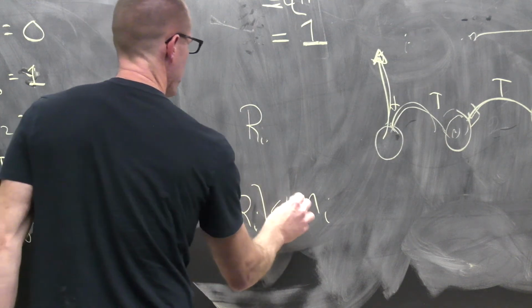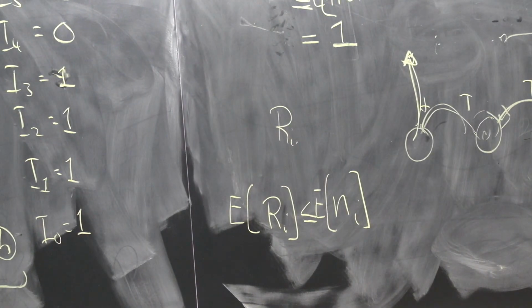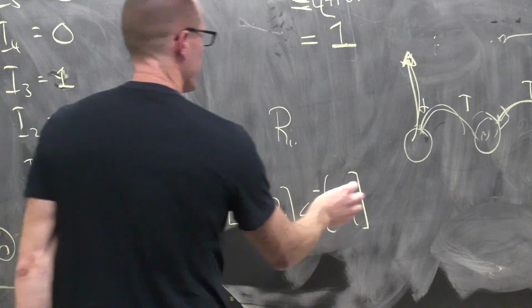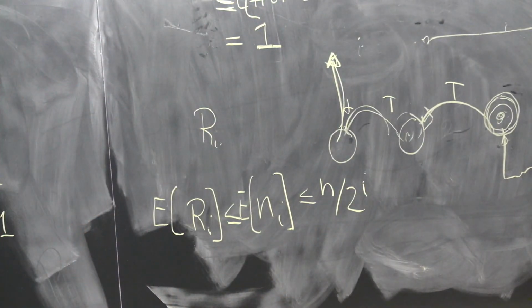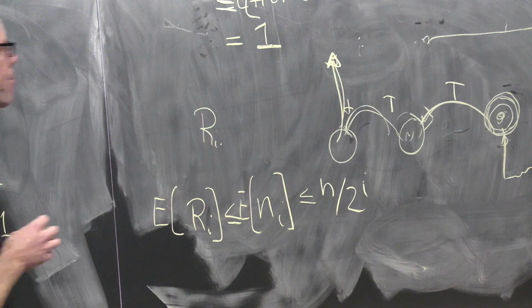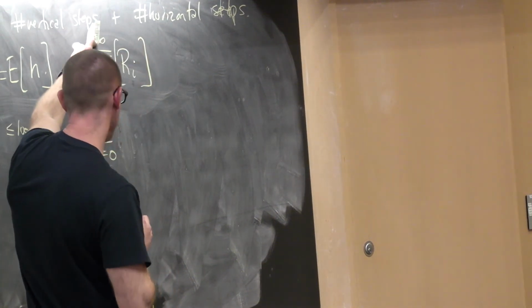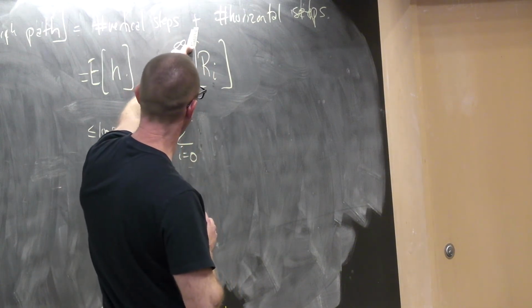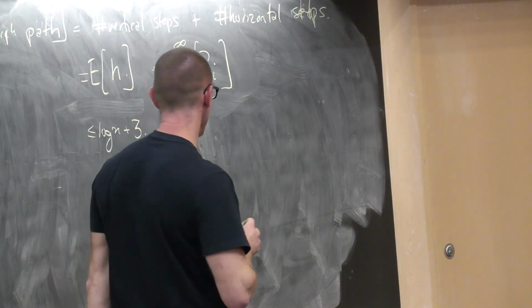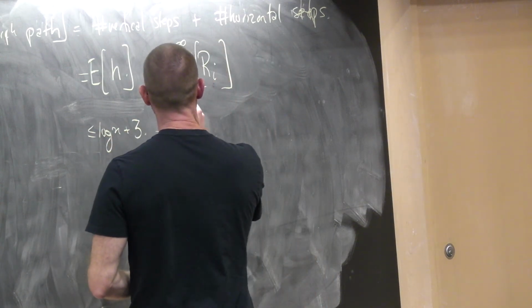Well, this is something we've used before. The number of elements in that list is less than or equal to n over 2 to the I. So we're left trying to deal with this thing, and we have 2 inequalities for the expected value of R sub i. One says it's less than or equal to 1. The other one says it's less than or equal to n over 2 to the I. So we split it again at log n.